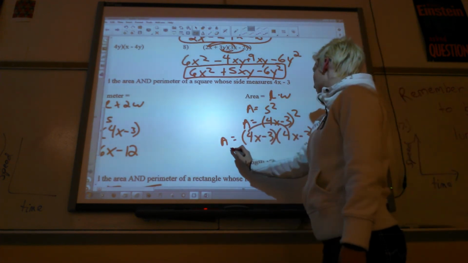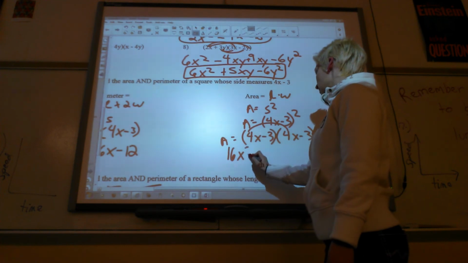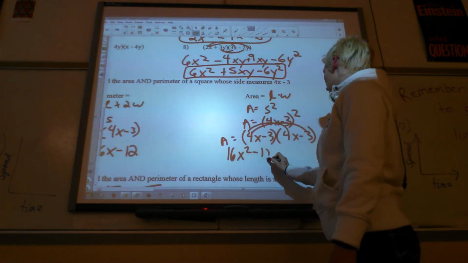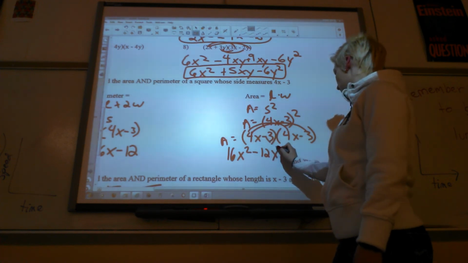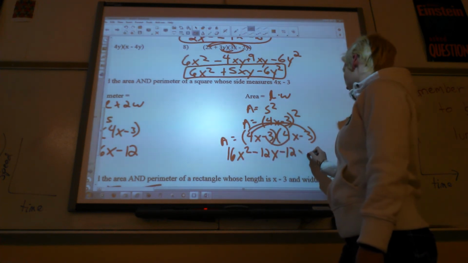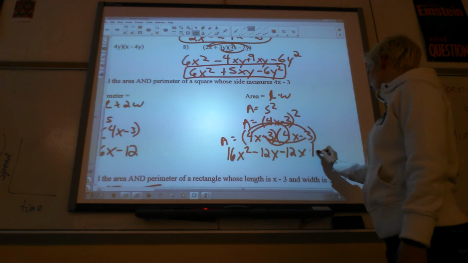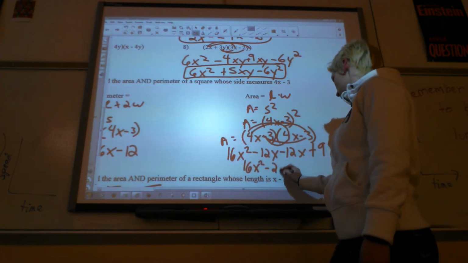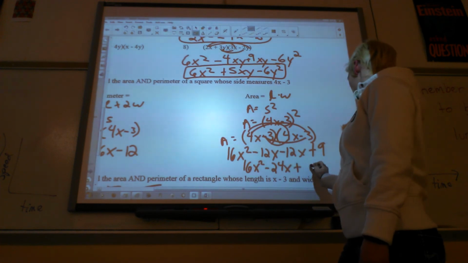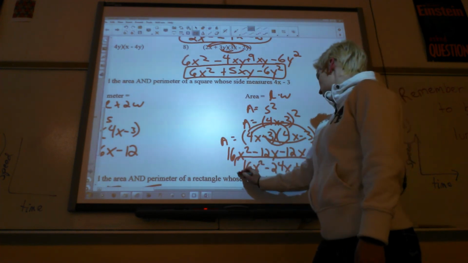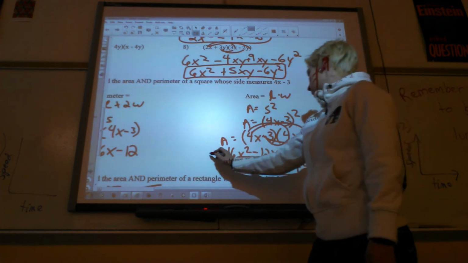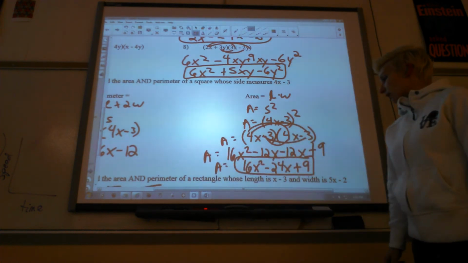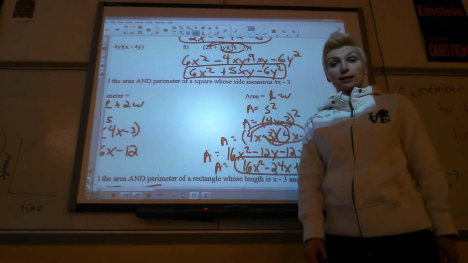So 4 times 4 is 16, x times x is x squared, then 4x times negative 3, then negative 3 times 4x, and negative 3 times negative 3. Combine like terms. So the area equals 16x squared minus 24x plus 9.